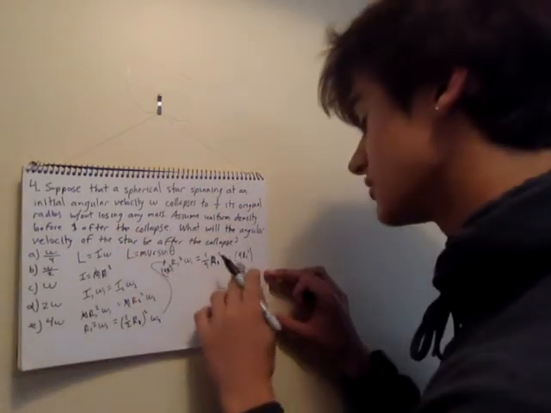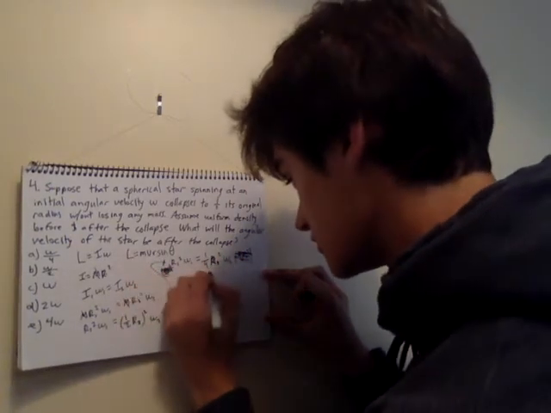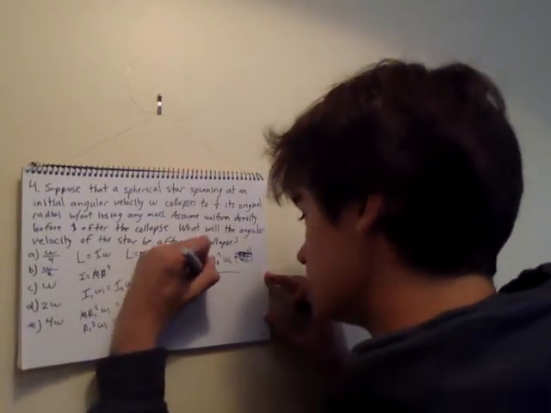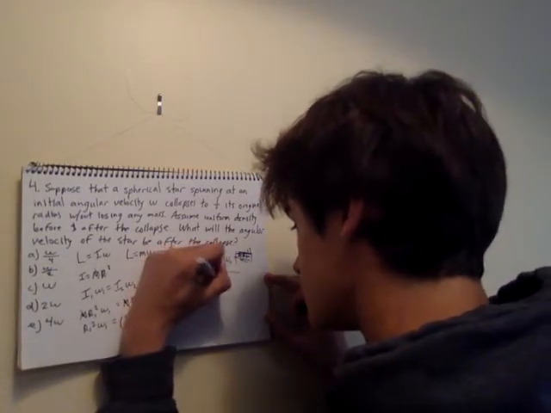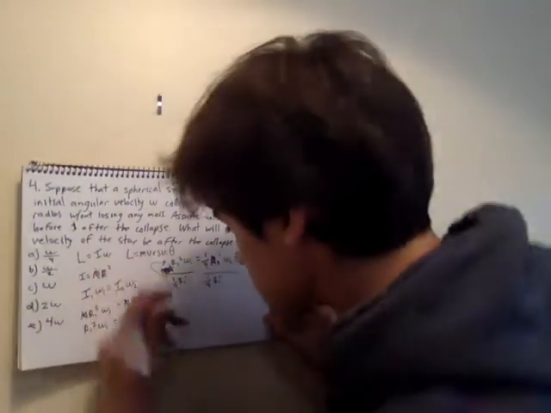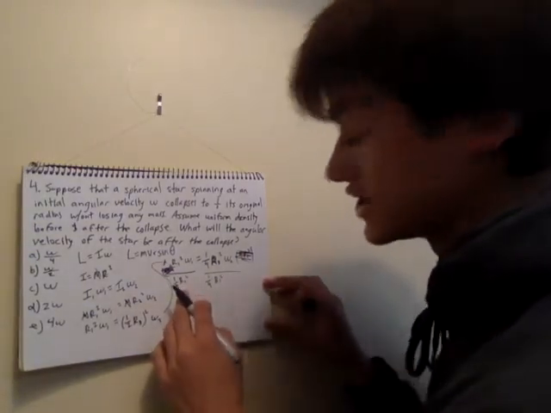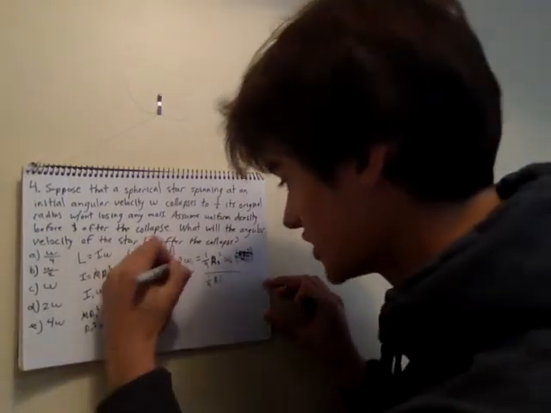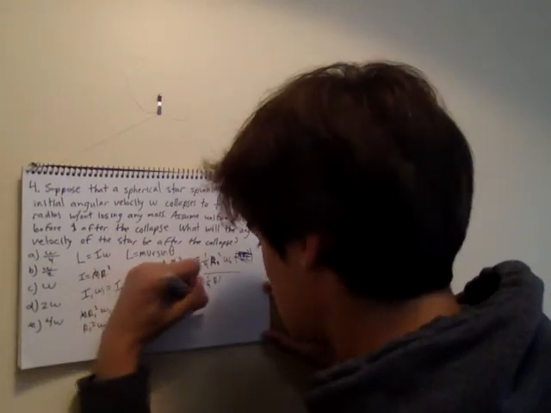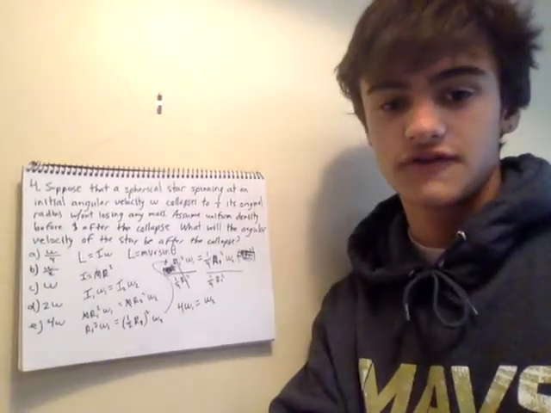Let's just keep it simple. Dividing by a fourth is the same thing as multiplying by 4, and these are going to cancel out. So we end up with 4 times omega equal to our final omega.